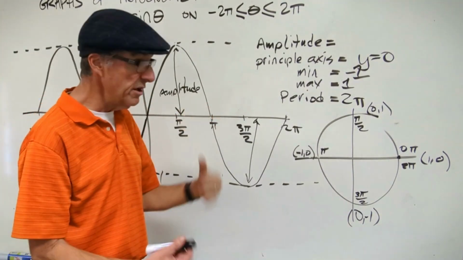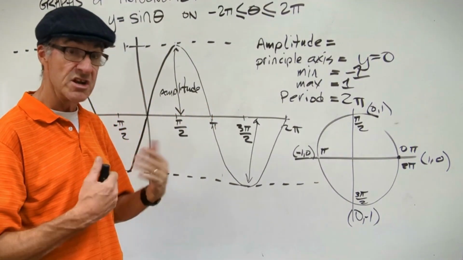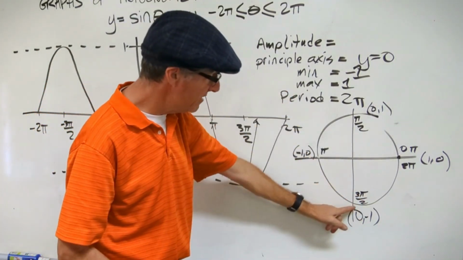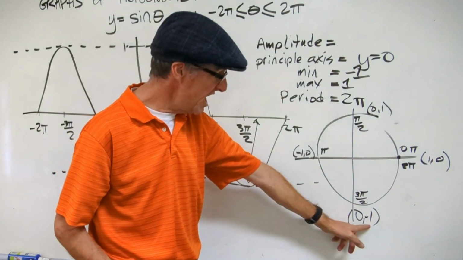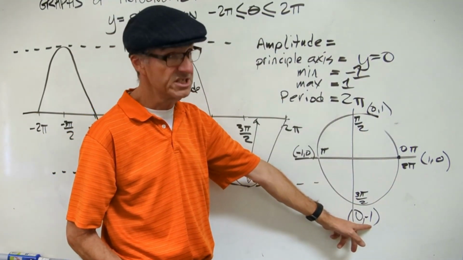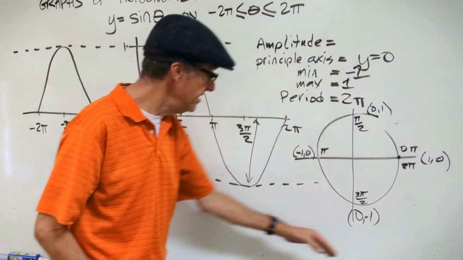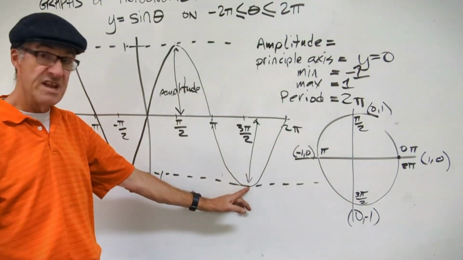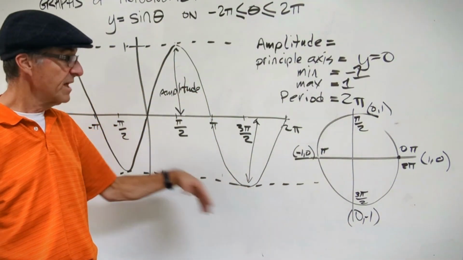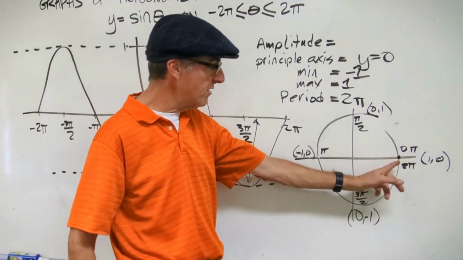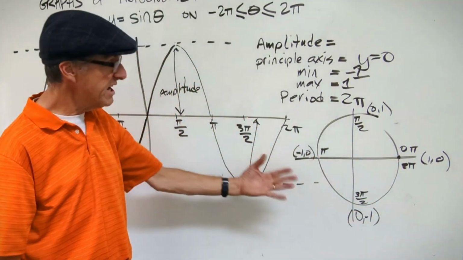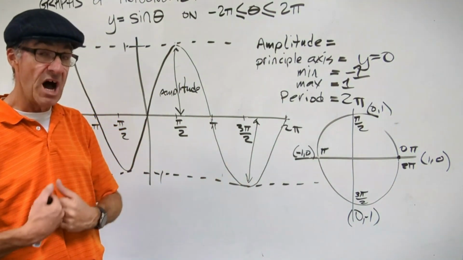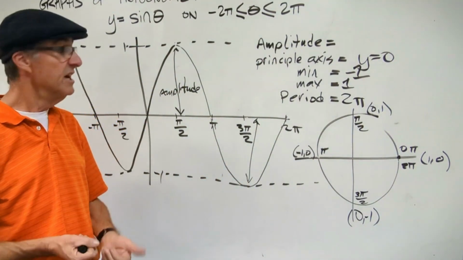Now, rolling on along another pi over 2 radians, or 90 degrees, we get down to the bottom here at 270, 3 pi over 2. Sine of 3 pi over 2, or sine of 270, is negative 1. And indeed, we're here at negative 1 at the bottom of the valley. And then finally, rolling all the way back around, full circle around the unit circle, 2 pi radians, sine of 2 pi, or sine of 360, is 0.